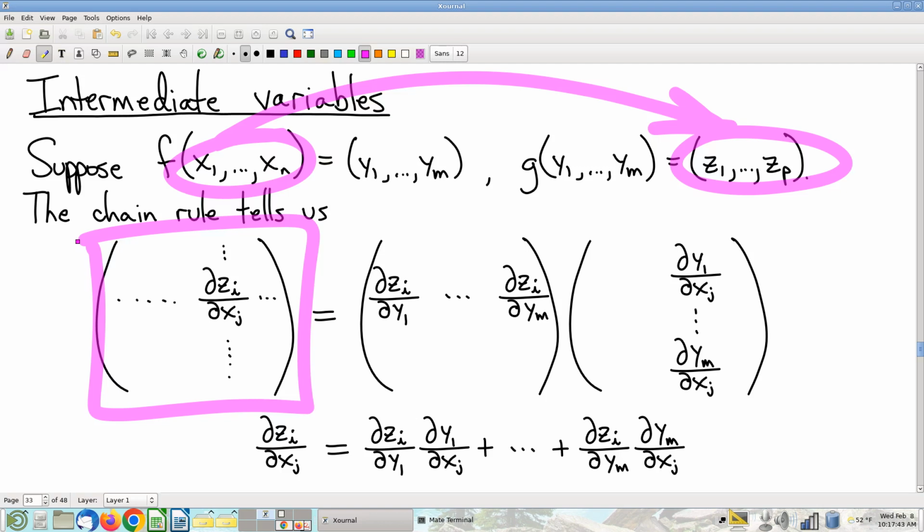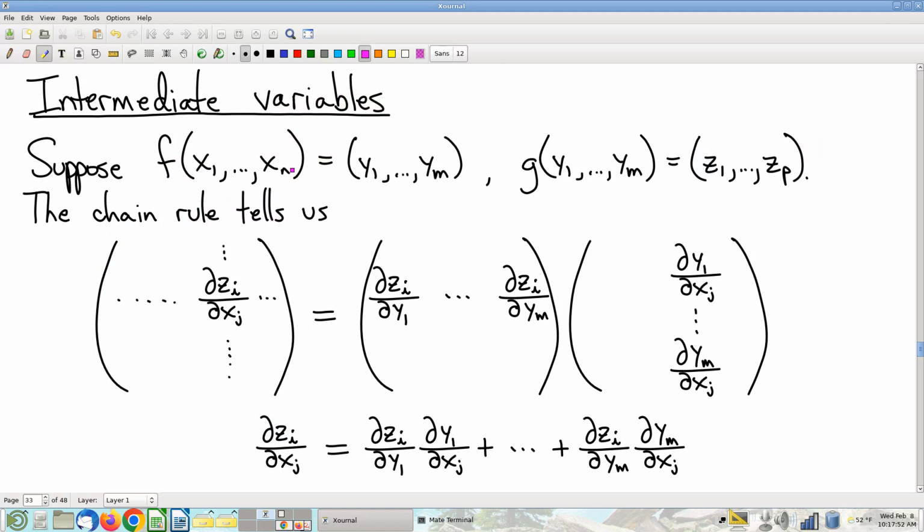It's just the derivative of the composition being the product of the individual derivatives, and, of course, derivatives are matrices. Now what I want to do is focus on one particular element of this composition derivative matrix. I'm going to look at the partial of zi with respect to xj. That's in the ith row and the jth column of this matrix.